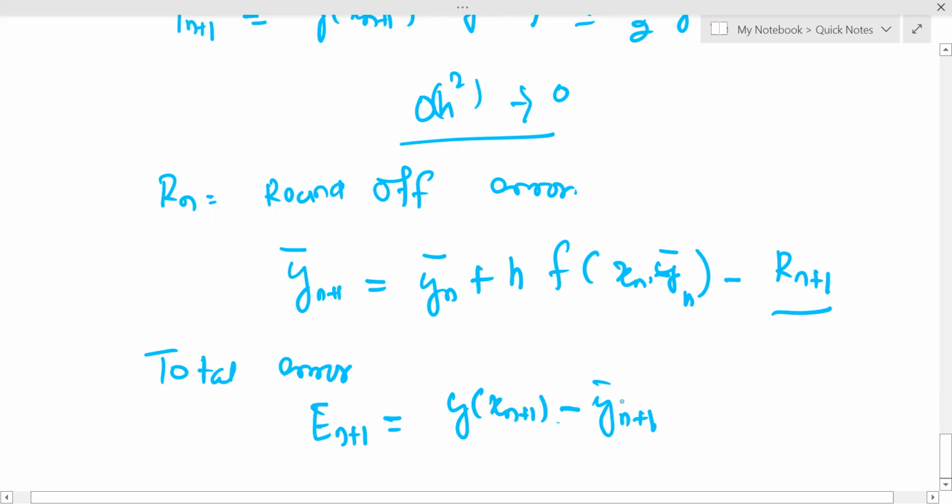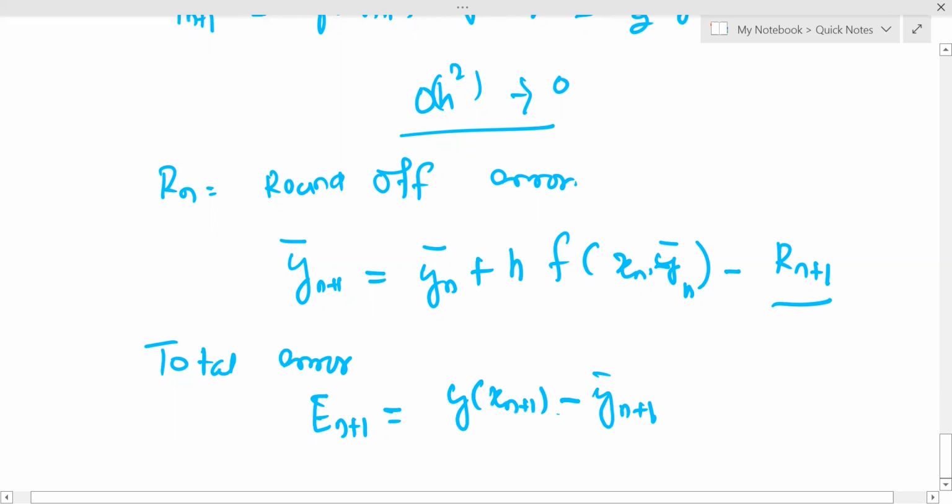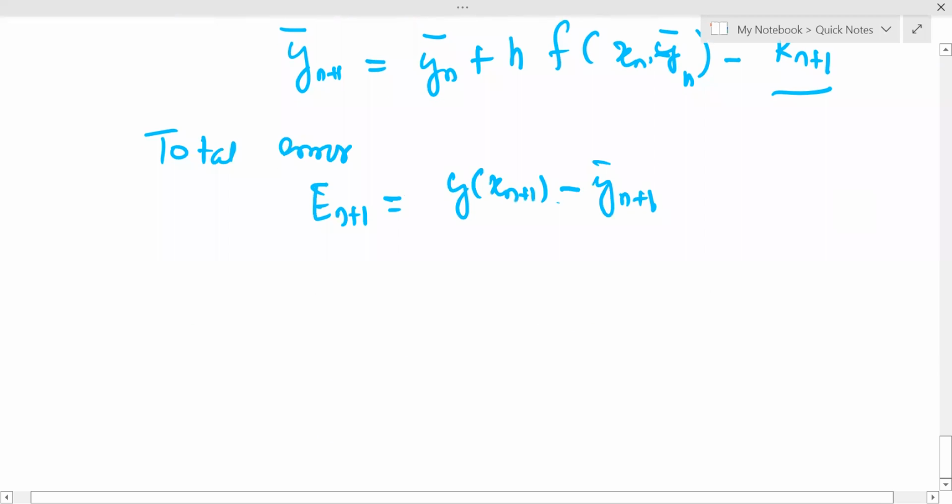That is the total error. And this total error finally we compute here by substituting this value and this value. Already given this value.